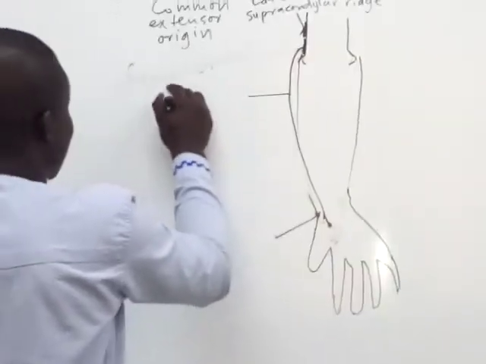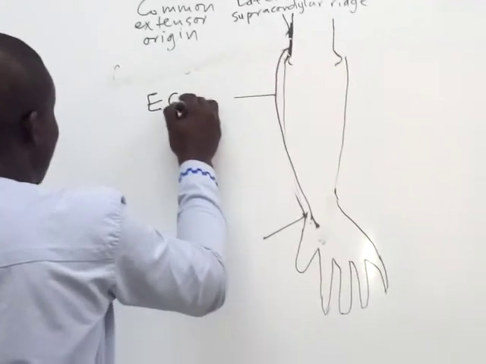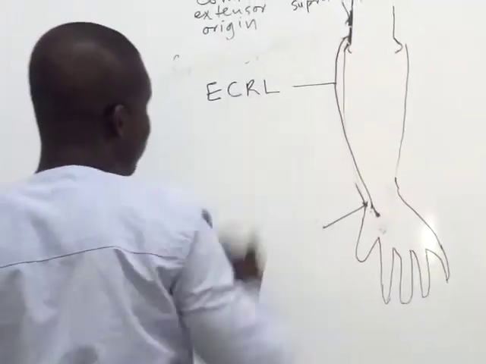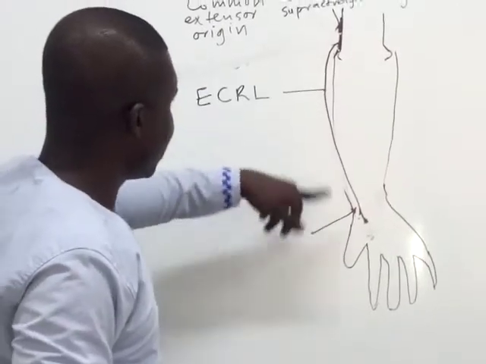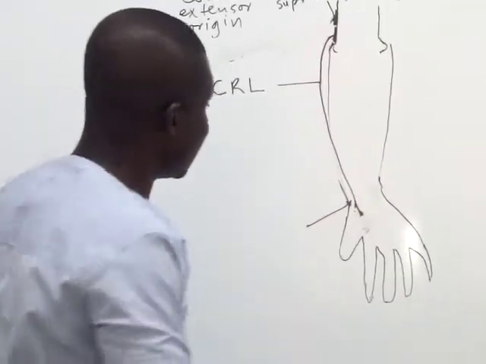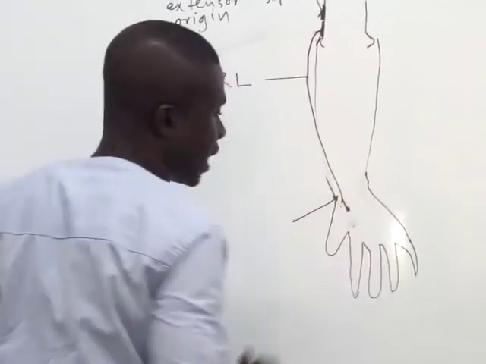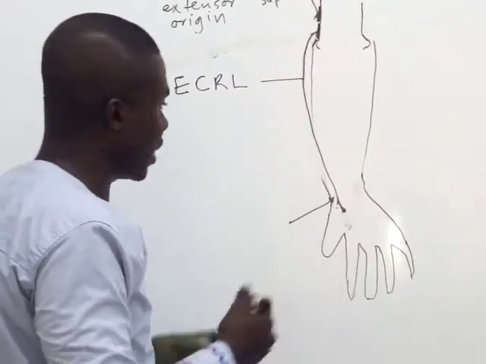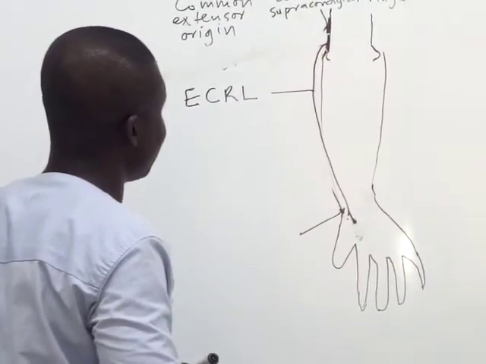That muscle is known as extensor carpi radialis longus. It comes from a higher origin and is set at the posterior aspect of the base of the second metacarpal.